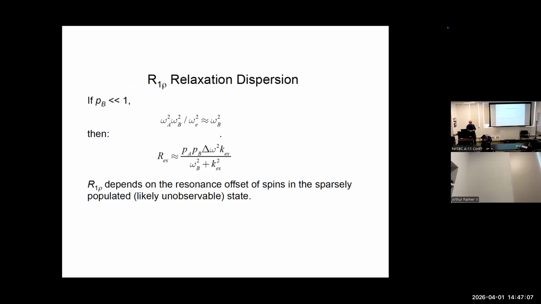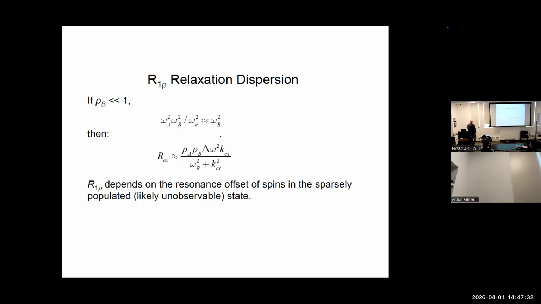This problem you started in, what, fast exchange? Mm-hmm. Consumption of fast exchange, and it's very analogous conceptually to something like a CEST experiment. Well, it is the CEST experiment. Yeah. Because if you have the largest decay rate, you have the smallest intensity after a fixed period of time.